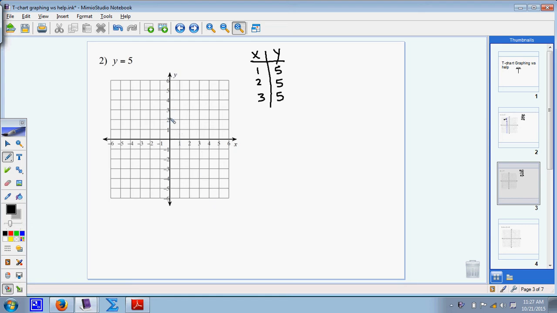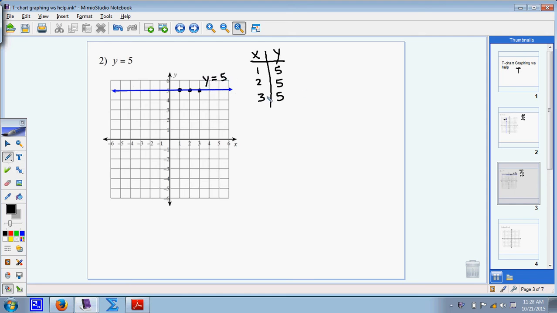Here we're getting a little bit more specific where x is 1, y is 5. You could have done 0, 5 if you want. X is 2, y is 5. X is 3, y is 5. So it obviously does give me my horizontal line like we did before. Got nice arrows there. And label y equals 5.